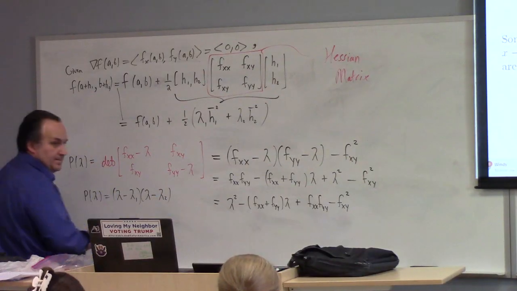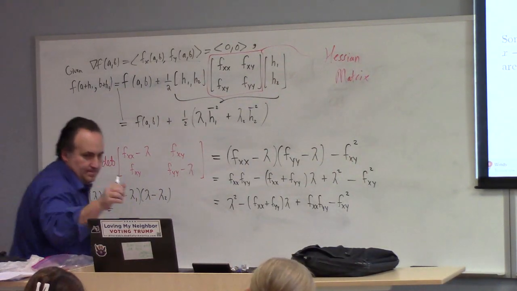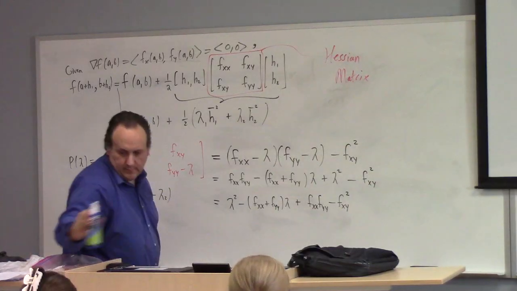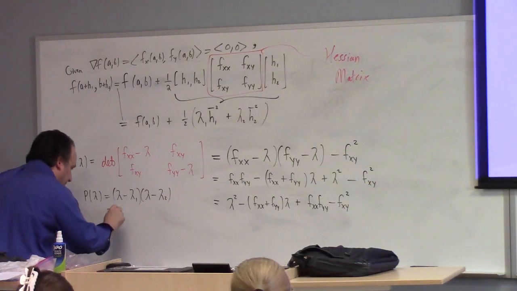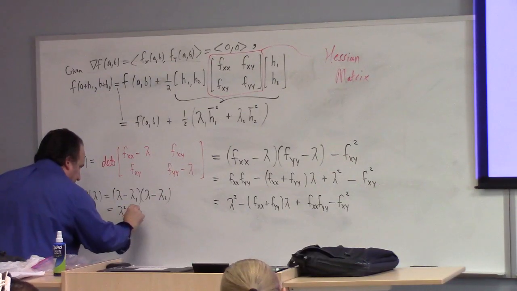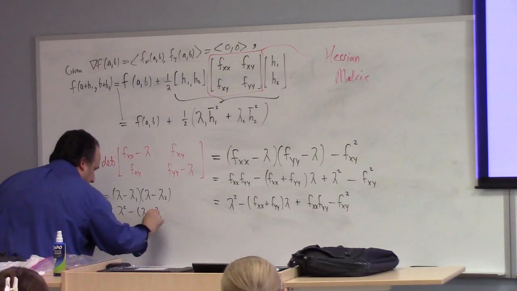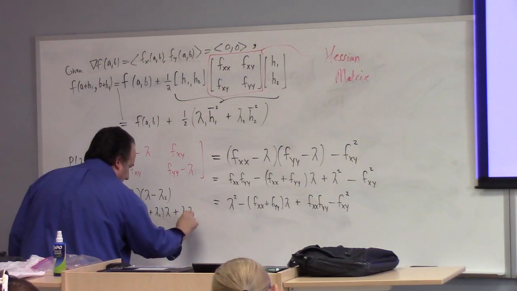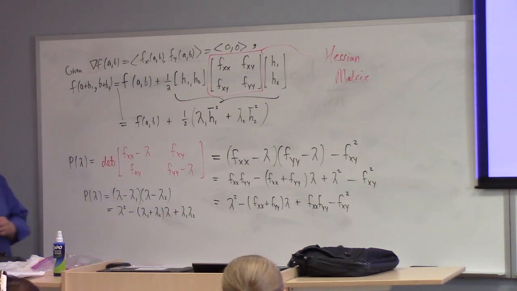So that gives us lambda squared minus parentheses lambda 1 plus lambda 2 times lambda plus lambda 1 lambda 2. So what's the product of the eigenvalues equal to?